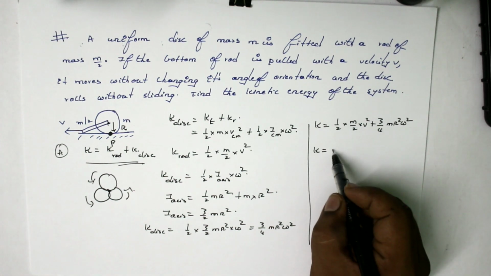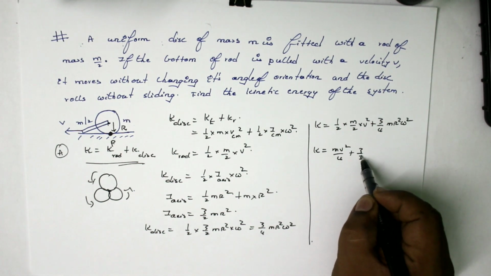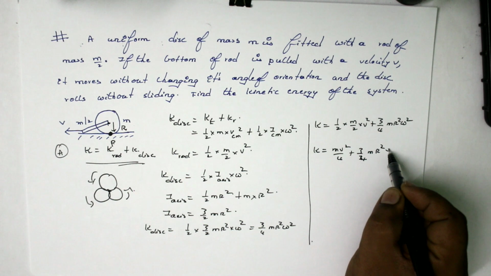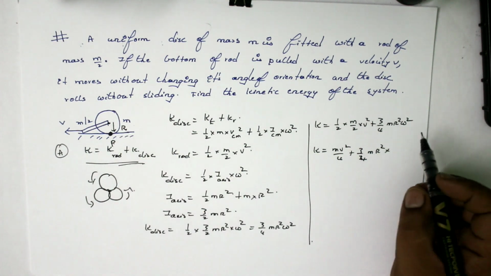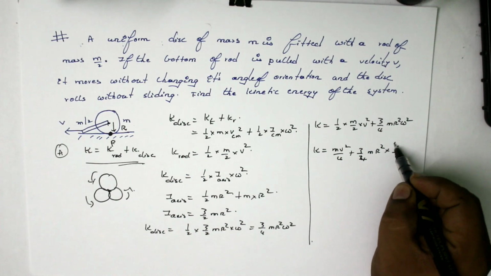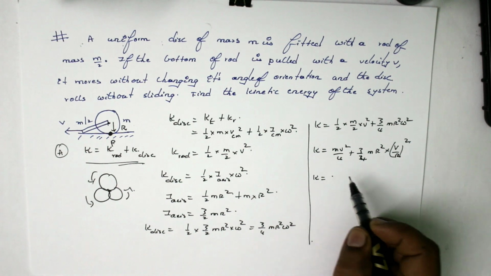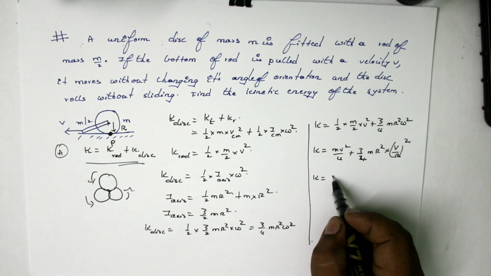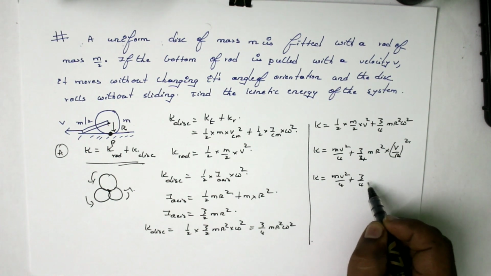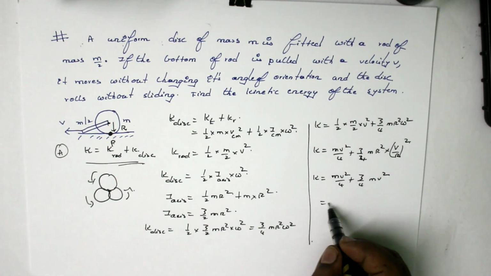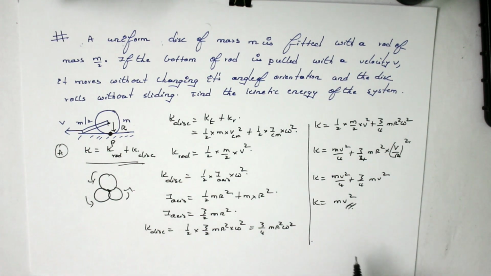So K is equal to m v square by 4 plus 3 by 4 m r square omega square. Omega can be written as v by r, whole square. So r square and r square get cancelled. So m v square by 4 plus 3 by 4 m v square. So the total answer is m v square. This is the total kinetic energy of this system.